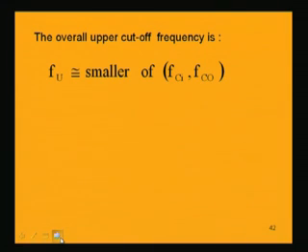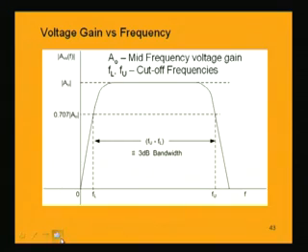Whichever has the lowest value will be the cutoff frequency. The overall cutoff frequency is the smaller of the two cutoff frequencies. So, in this analysis we have seen the lower and higher cutoff frequencies and how to find them.